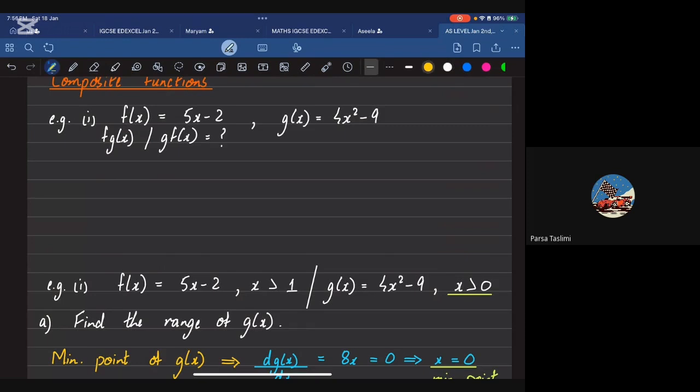Okay, let's see. So if it says f g x, it is simply going to be f of x, which is 5x minus 2. Usually if it had been f of 2, I would have replaced x with 2.